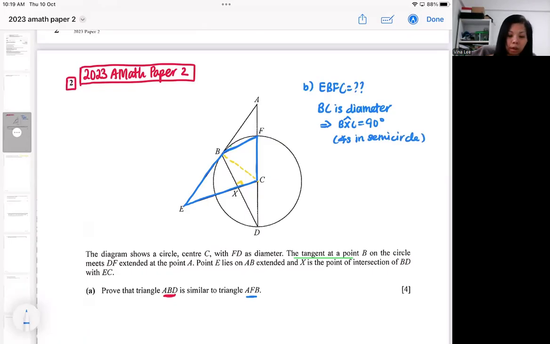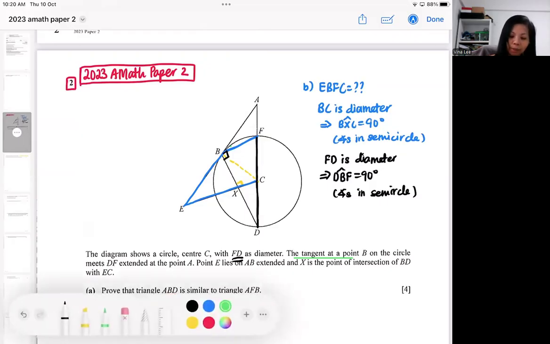If you look carefully at the circle, initially we started off with FD. So FD is also a diameter, and because FD is also a diameter, we also have a 90 degree, which is here. So DBF is 90 degrees, same reason, angle in a semicircle. These two 90 degrees actually help us to form the interior angle.